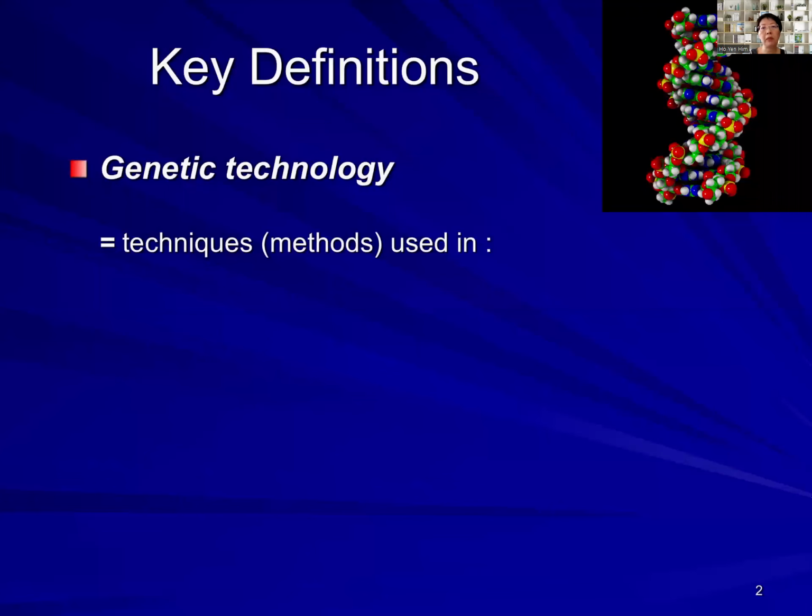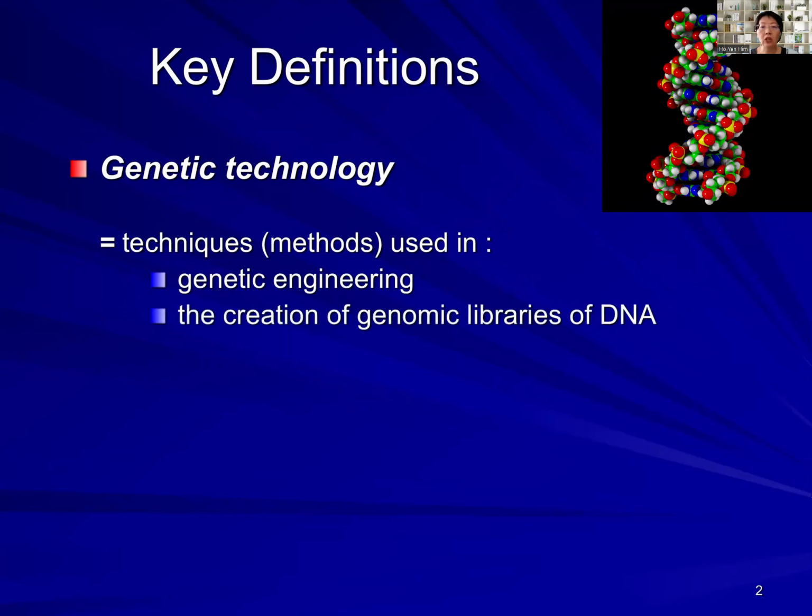Since this chapter's name is genetic technology, at least we need to know the meaning of genetic technology. The word technology means technique, and technique means methods. So these are the methods that are used in genetic engineering, creation of genomic libraries of DNA, and the DNA fingerprinting.